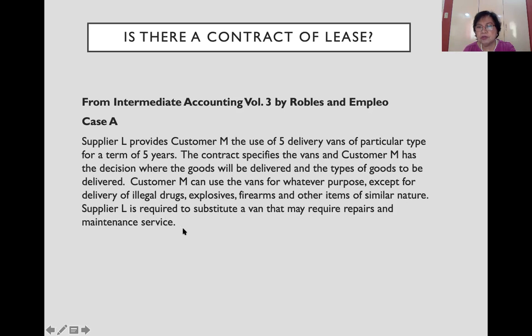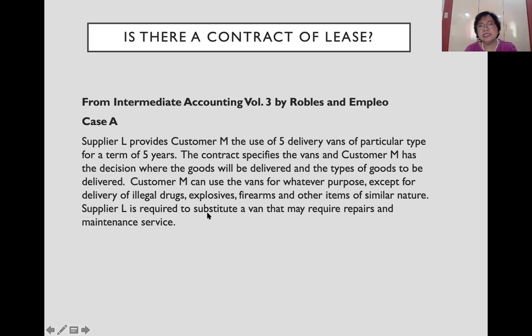Customer M can use the vans for whatever purpose except for delivery of illegal drugs, explosives, firearms, and other items of similar nature. Supplier L is required to substitute a van that may require repairs and maintenance service.